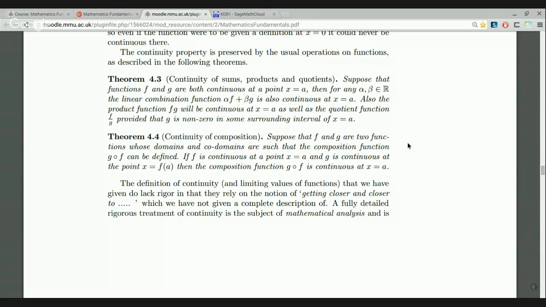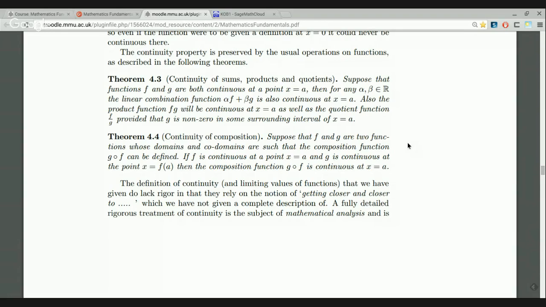The way the definition works is, how can we ensure that the function values are at least this close to f of a? We consider epsilon to be some small radius around the limiting value f of a. So this is the closeness of the function values to f of a.